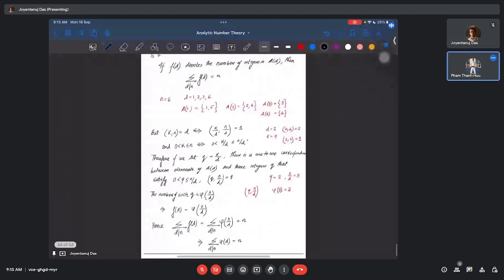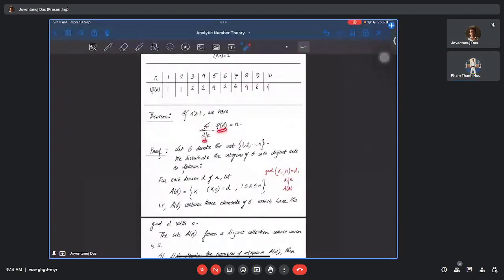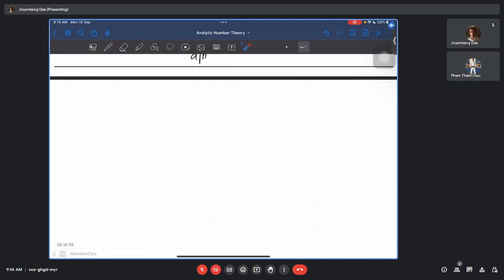So what does this say? It says that if I take the summation of phi of d over all divisors, then it is equal to n. Okay, the next theorem is the relation between the Mobius mu function and Euler's totient function, between phi and mu.